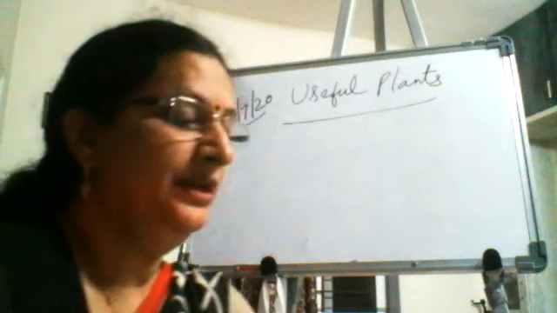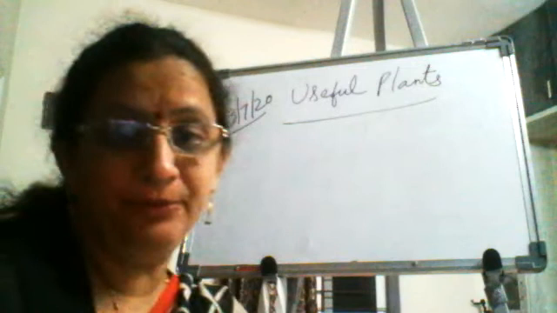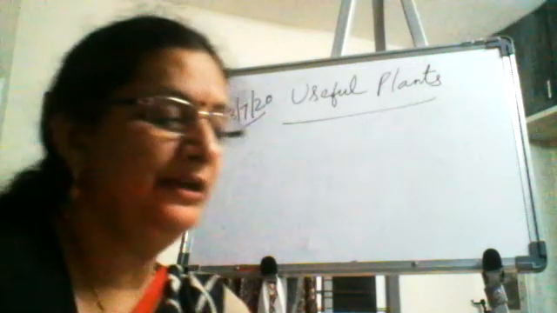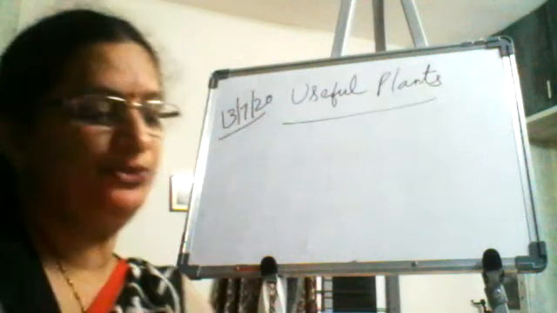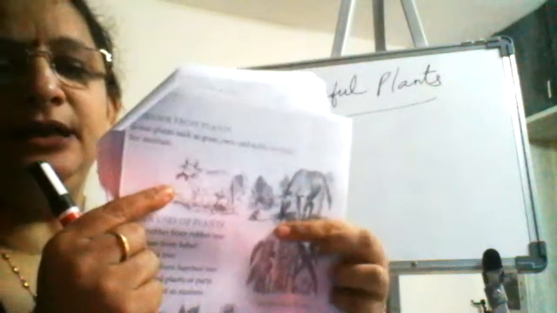Okay. So next, how are the animals getting food from the plants? Some plants such as grass, corn and millet are fodder for animals. You have to turn the page to see this picture where you see the cow grazing at the grass and the horse also eating the grass.